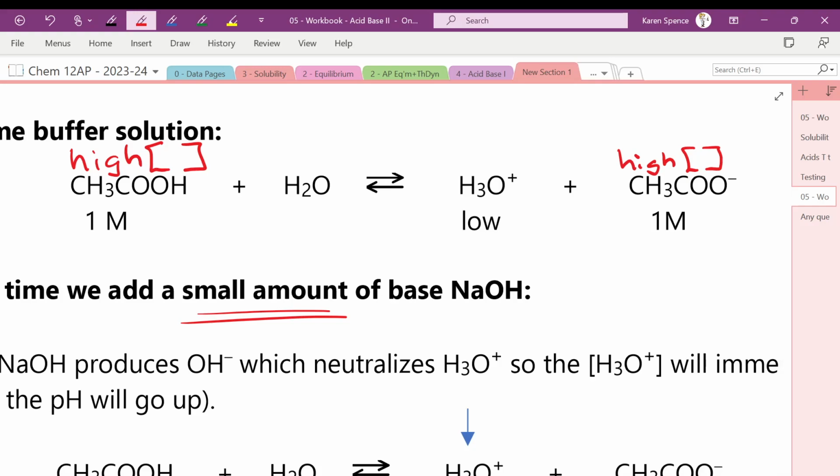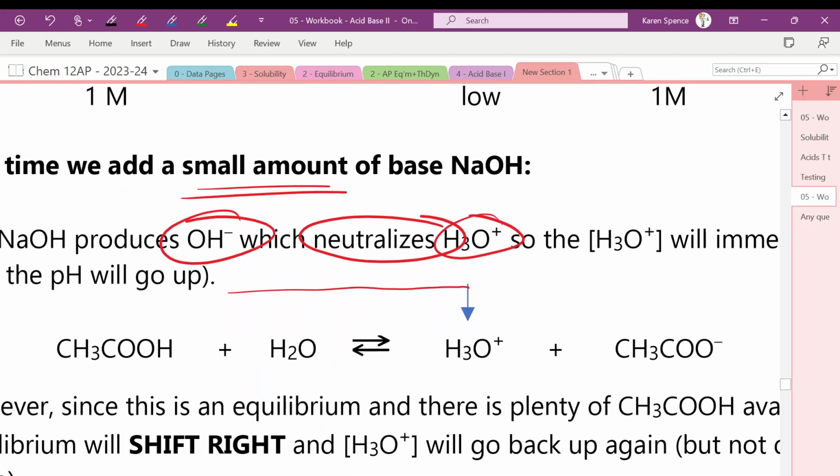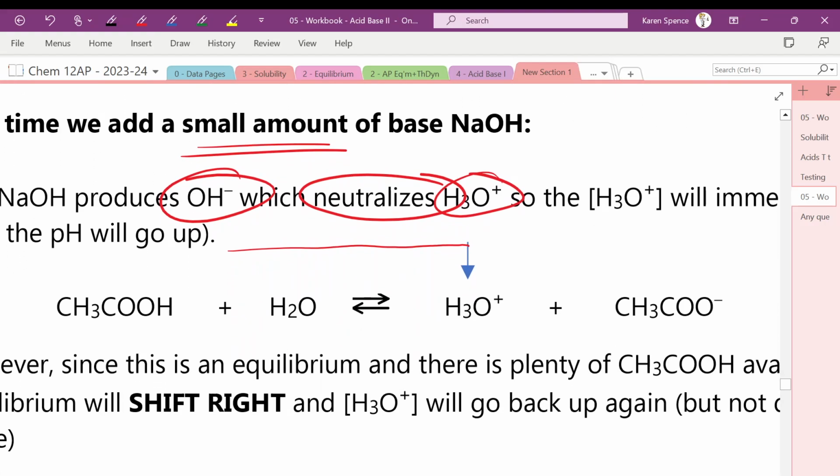What happens to the equilibrium? Yes. It shifts to the right because the hydronium neutralizes with the hydroxide, and then it will shift to the right to bring the hydronium back up.